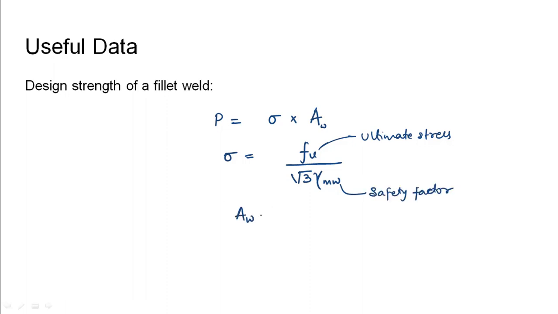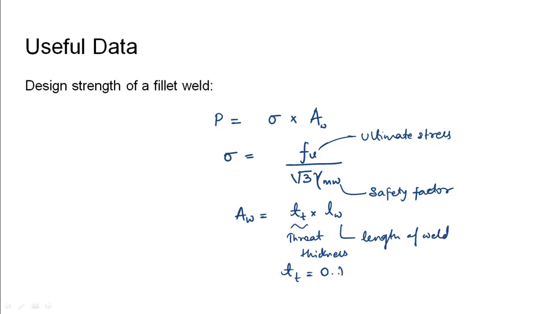The area of the weld is given as the product of throat thickness and length of weld. The throat thickness is given by 0.707 times the size of the weld S.